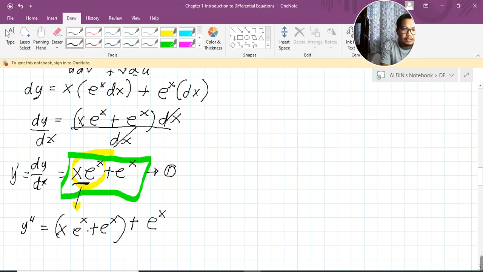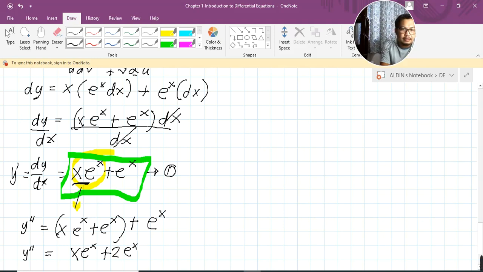So, ang sagot natin dito is now equals to, hopefully nakakasunod lahat, x e raised to x plus e^x plus e^x, which is 2e raised to x.